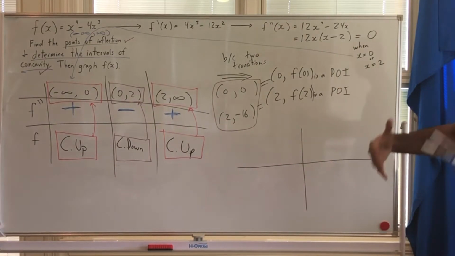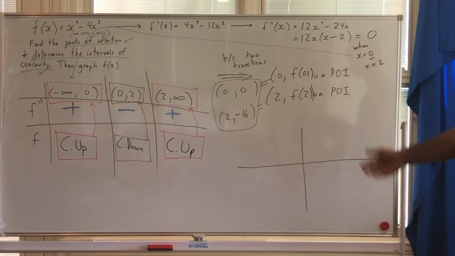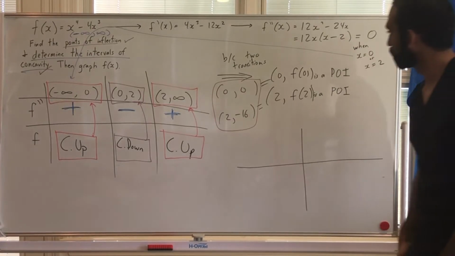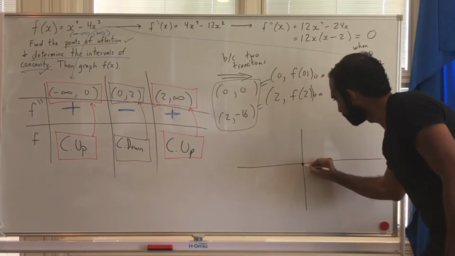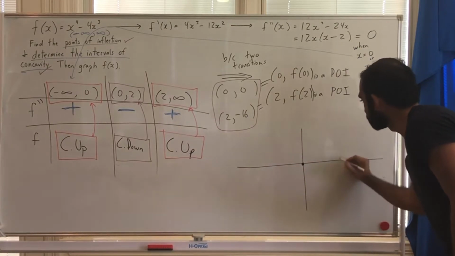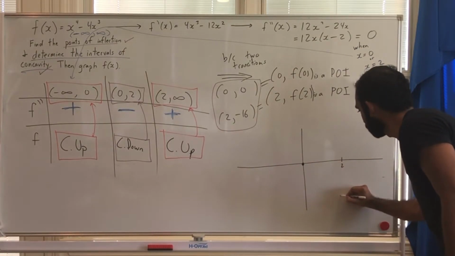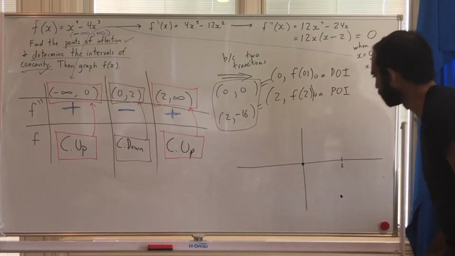We're going to have all these things marshaled together at the same time to provide some accurate hand sketchings. So let's first put these points on the board. 0, 0 is right there. Let's say here's a 2. I can just put negative 16 somewhere down there.